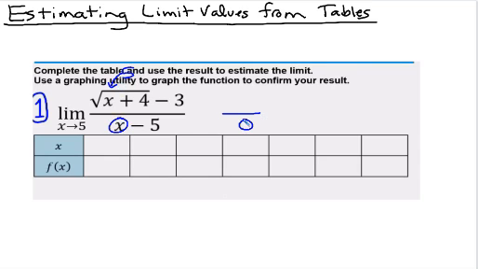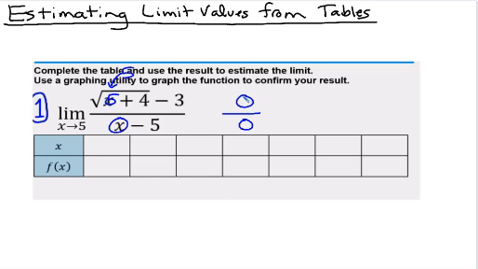And on top, don't I get a 0 as well? 5 plus 4, the square root of 9 is 3, isn't it? So don't I get 0 over 0?